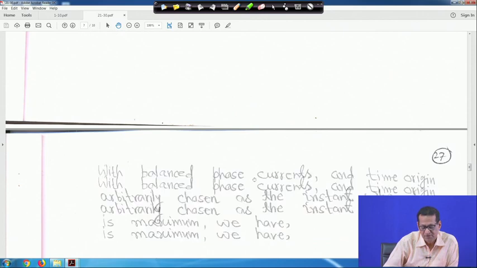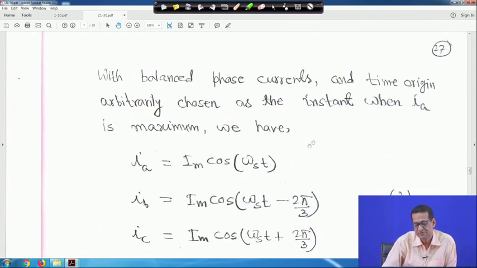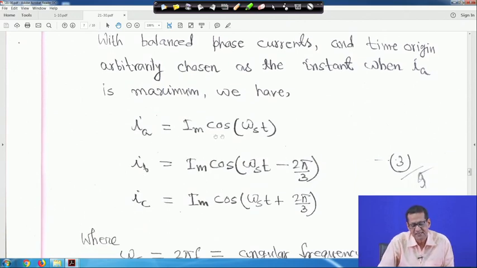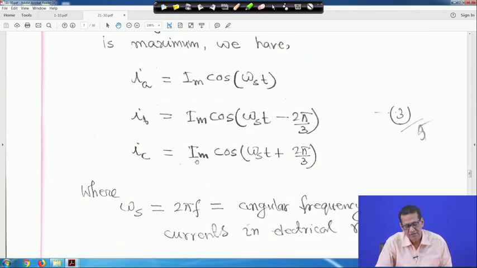Now with balanced phase currents, in this course we will only consider the balanced case, right? And with time origin arbitrarily chosen as the instant when Ia is maximum, you can write Ia equal to Im cos omega_s t, Ib equal to Im cos(omega_s t minus 2 pi by 3), and Ic equal to Im cos(omega_s t plus 2 pi by 3).